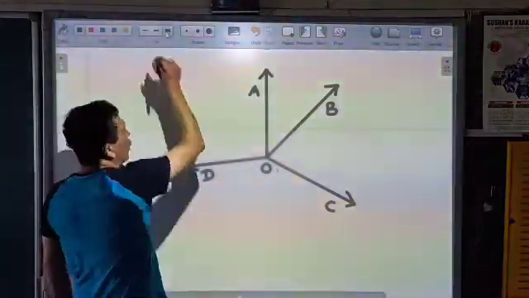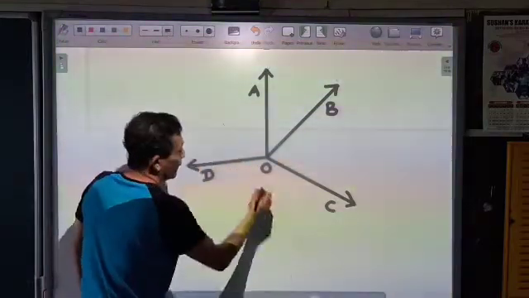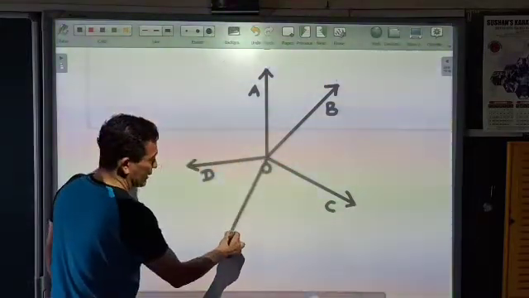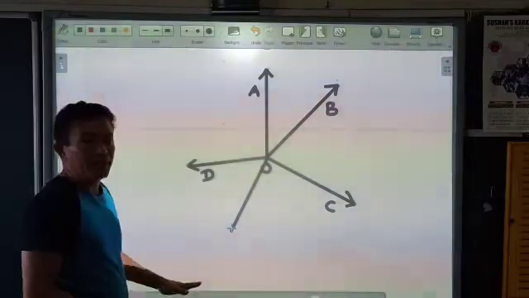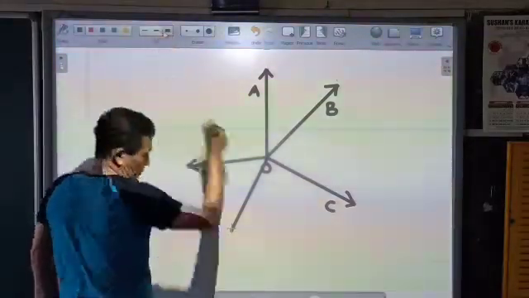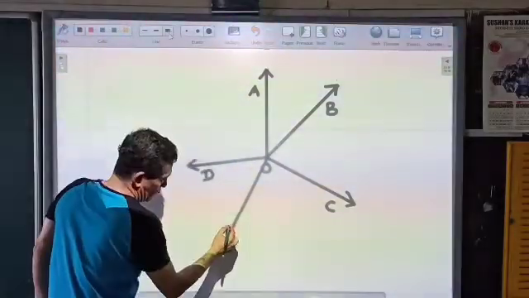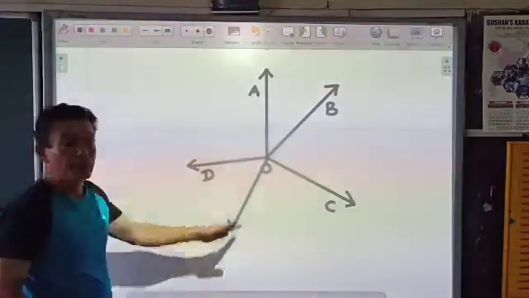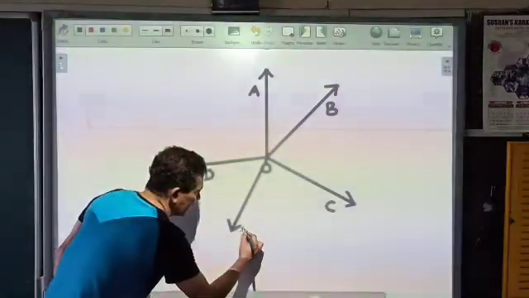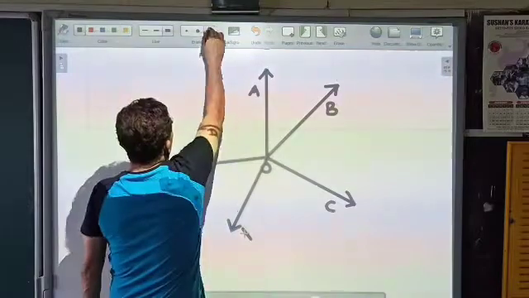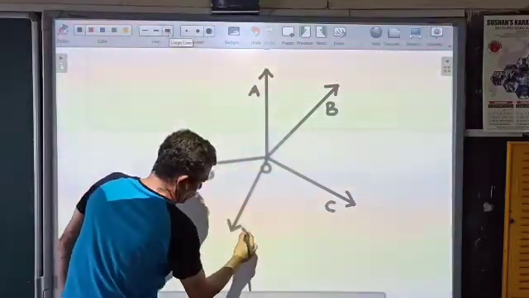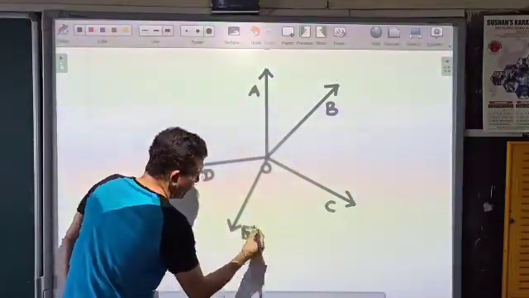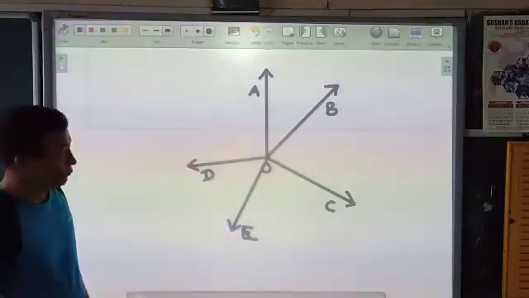If I want to draw more, I can draw one more here. That becomes my new ray and I can name it as OE.